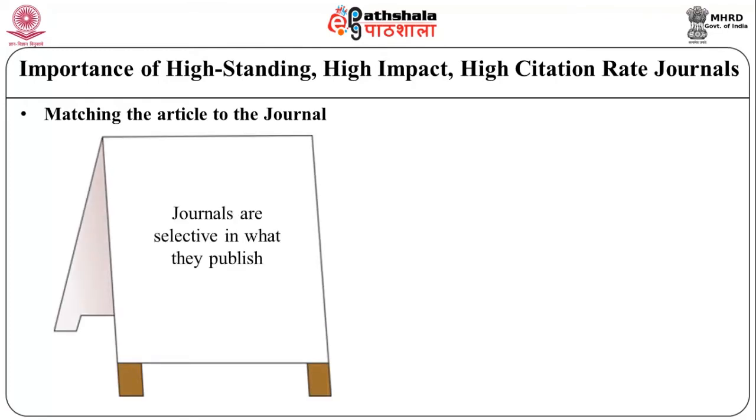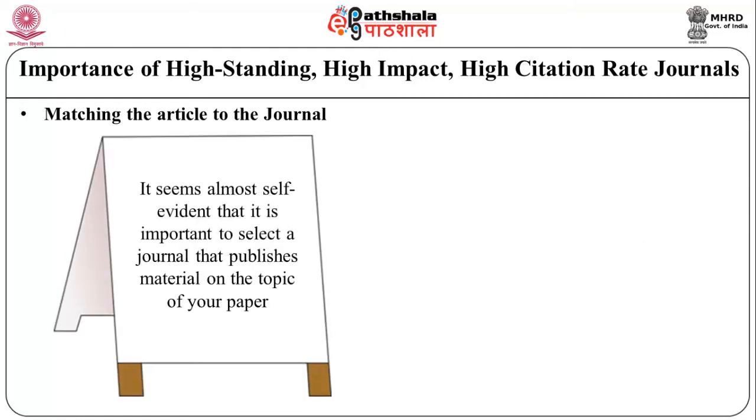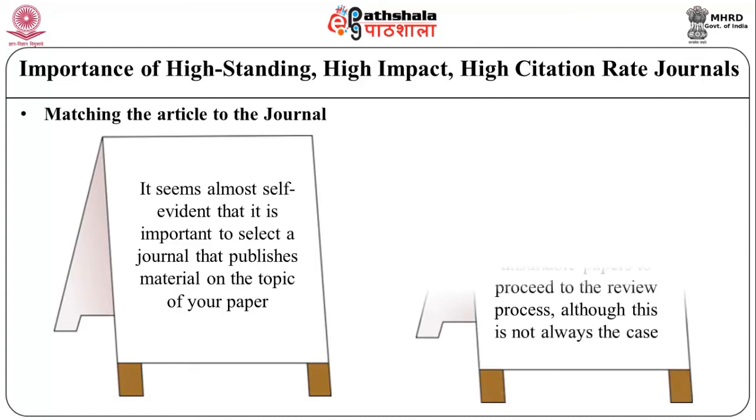Journals are selective in what they publish. They usually publish material on a particular discipline area. It seems almost self-evident that it is important to select a journal that publishes material on the topic of a paper.